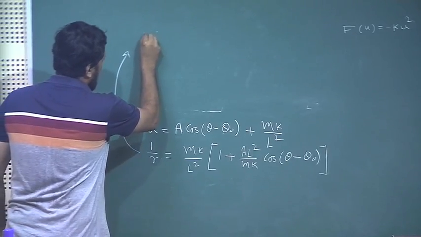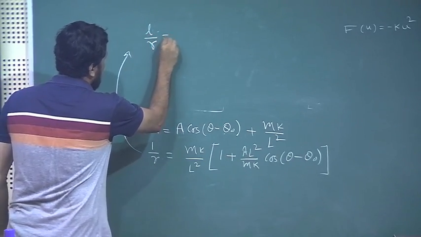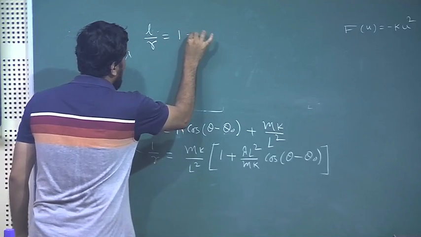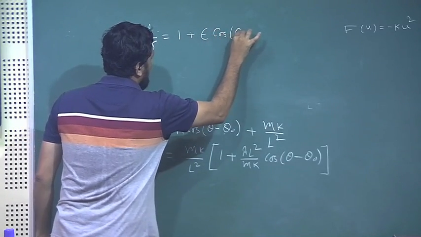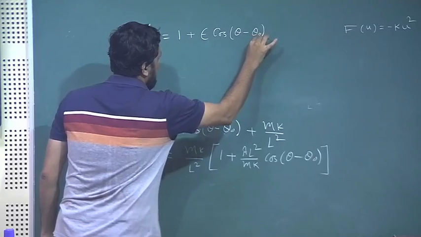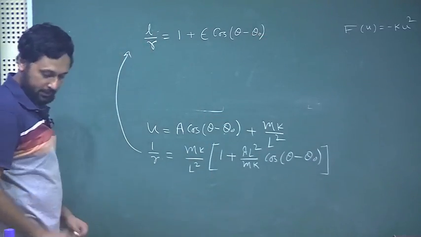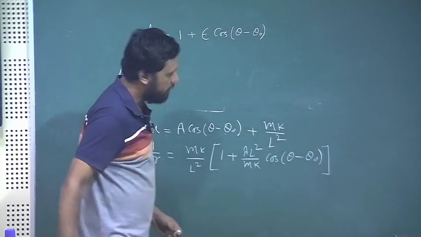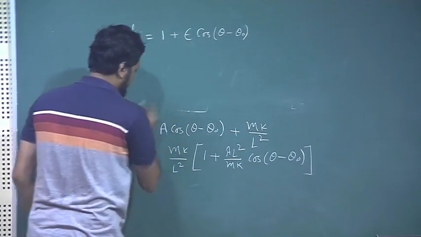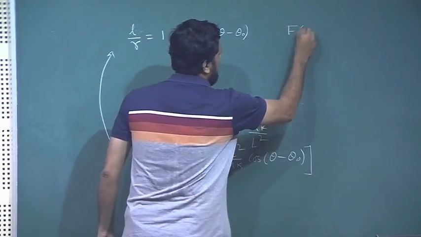So, we can write this equation as l/r = 1 + ε cos(θ - θ₀), right, where... or actually I can use this place. Okay, so let it be here.